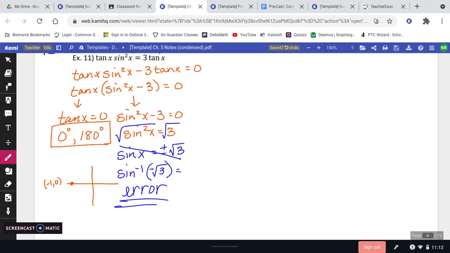Okay, so why? Here's your reason why. If you think about the graph last chapter, when you graph sine and cosine, their maximum was 1, their minimum was -1. So the values for sine and cosine oscillated between +1 and -1. However, square root of 3 is approximately 1.732.